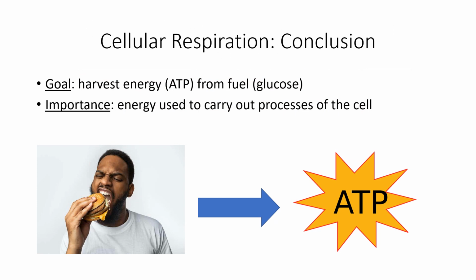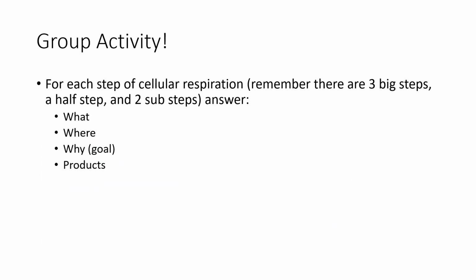To conclude cellular respiration, our goal is to harvest energy as ATP from fuel in the form of glucose. And this is important to all cells because ATP is necessary to perform nearly all cellular functions. If you need a way to review, a good way to do that is to write down each step of cellular respiration.